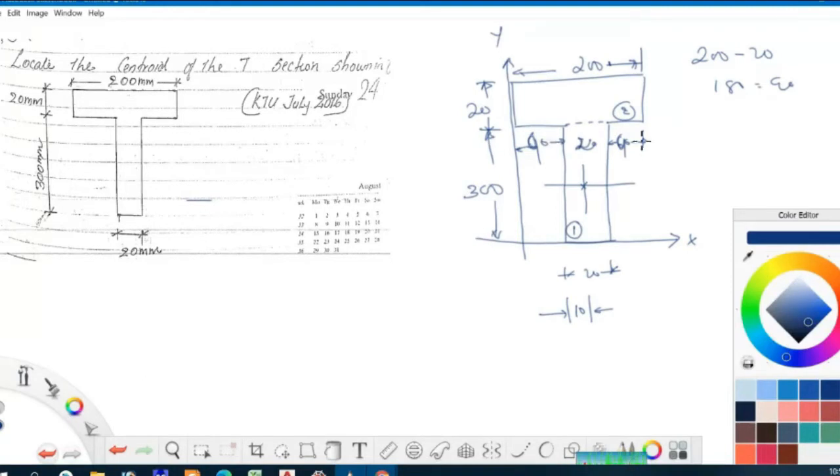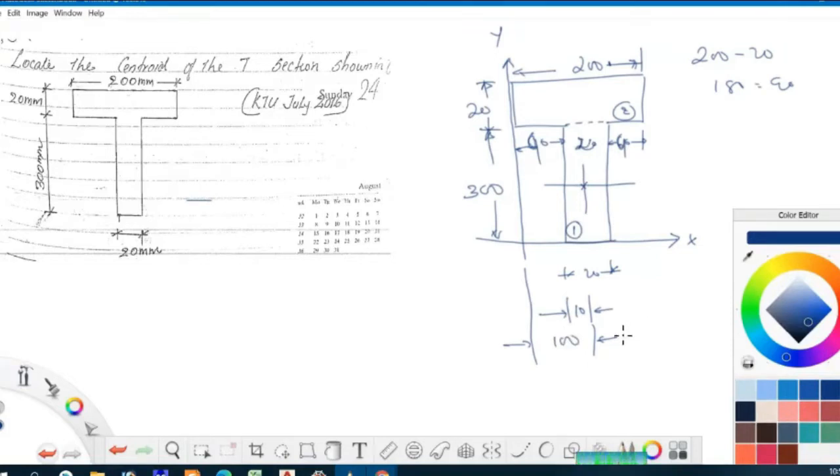So the distance from Y to the centroid of the first section in the horizontal direction will be 90 plus 10, equal to 100.